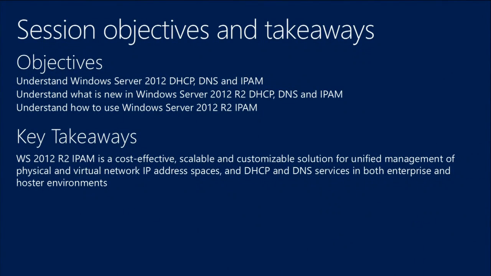And then, for the most part of the session, I'll talk about the new advancements in IP address management in Windows Server 2012 R2. I'll also talk a little bit about the advancements in DNS and DHCP, which have been done in the 2012 R2 release. In the second part of the session, we'll talk about a specific functional area, like role-based access control, for example, and then we'll launch into a demo, and then come back and talk about the next functional area and so forth.